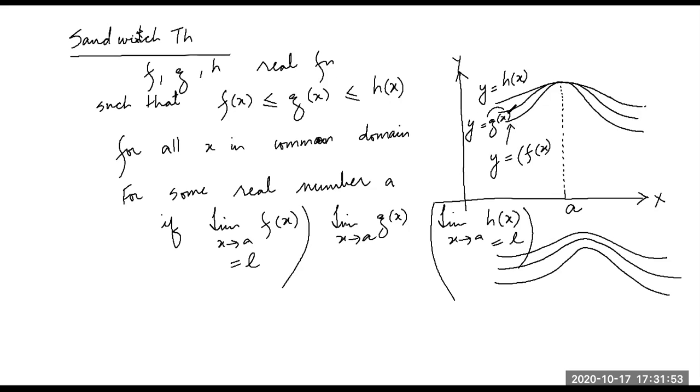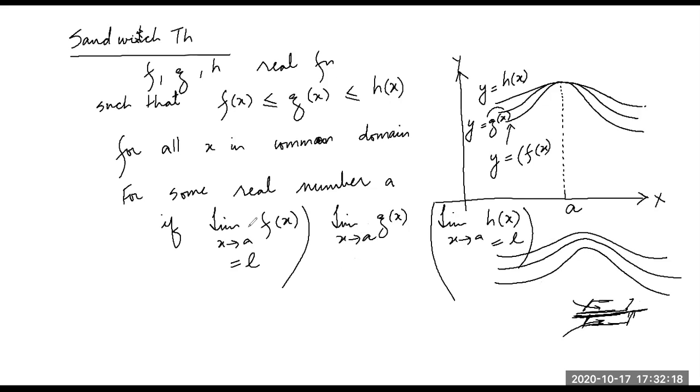The function g of x is sandwiched between two functions, h of x and f of x. It's like a sandwich: you have something in between. If some parameters of the outer layers are defined, we say the middle also has the same parameter.